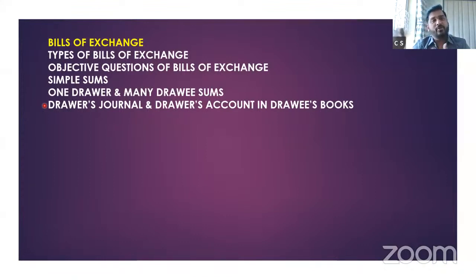So you will have to be very sure, and rather you will have to pass the drawee's entries so that you can make the drawer's account easy. If you can directly do it without passing entries in the drawee's books, it is fine, no problem. Otherwise, the drawer's journal is the most probable kind of question asked in the board. One drawer, many drawees type of sums. Just go through, because even those questions may come.